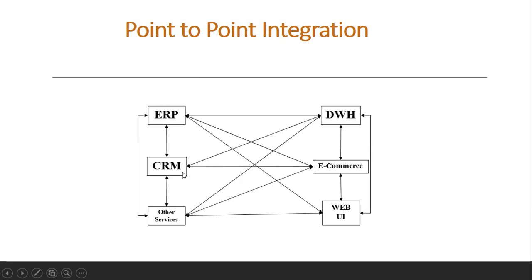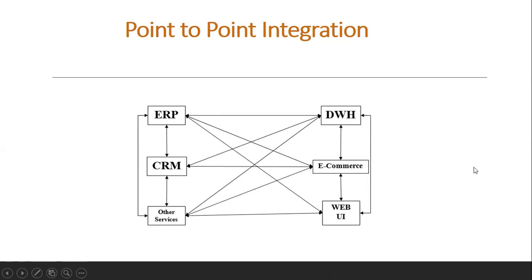Here we have to write a piece of code in every system to integrate one system to another. Before ESB architecture, we followed this architecture. So this is all about point-to-point integration technology. Here we use custom code to connect two apps together.